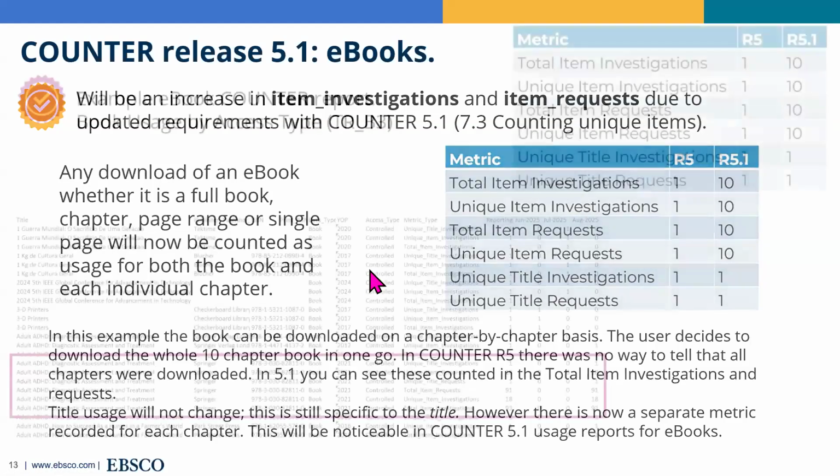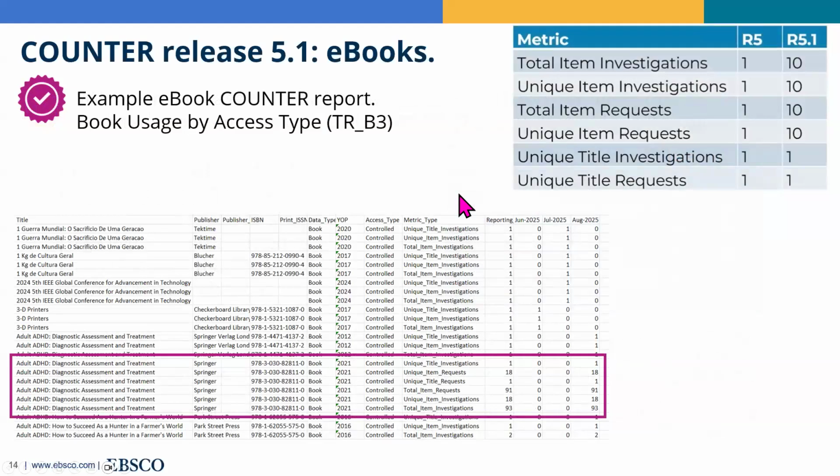So moving on from there, and this is just an example here of a COUNTER report, which is the book usage by access type. And you can see I've got a few titles here from my collection in my usage, and we're seeing over here our metric types. So unique title and total title are sort of your specific ebook metrics.